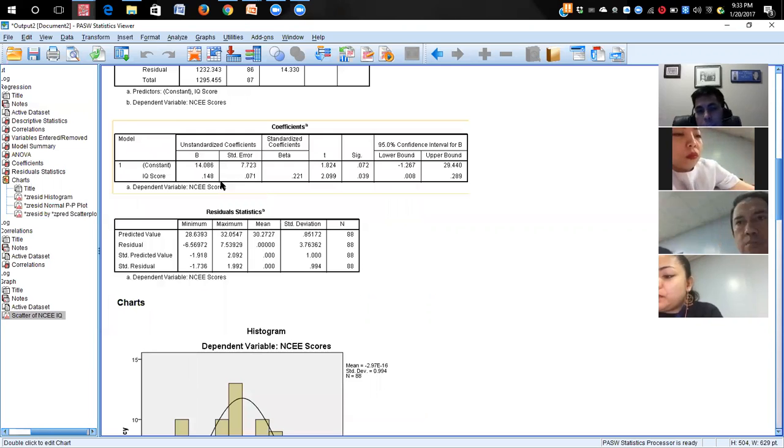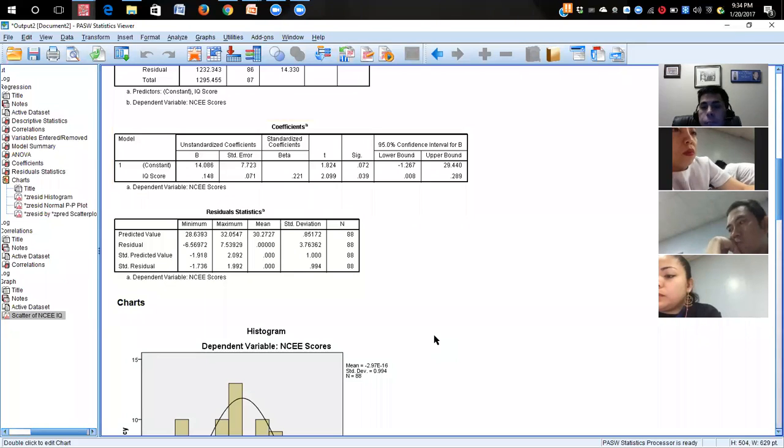But again, the predictive power here is also very weak. Just like the correlation was weak in Pearson's R, it's only 0.221, and that is a weak positive correlation, because a strong correlation should start around 0.6 and higher. That is a strong correlation between two variables.